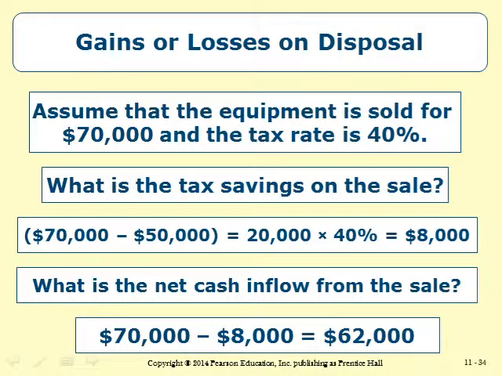If we assume that the tax rate is 40%, we have an $8,000 tax on the gain. The net cash inflow from the sale then becomes $62,000, because we take our $70,000 minus the $8,000 that we are going to have to pay in taxes to get a $62,000 cash inflow.